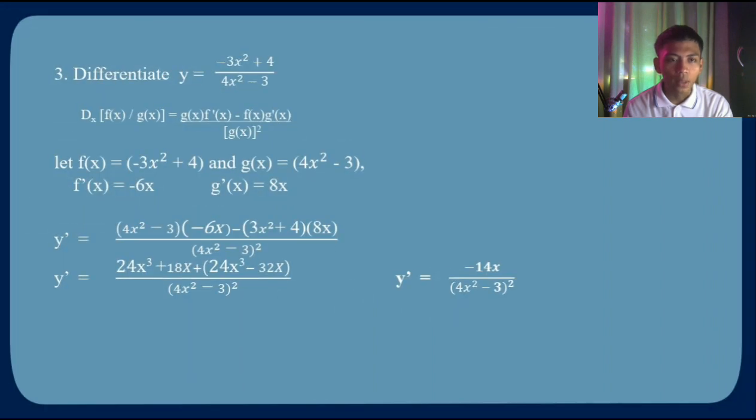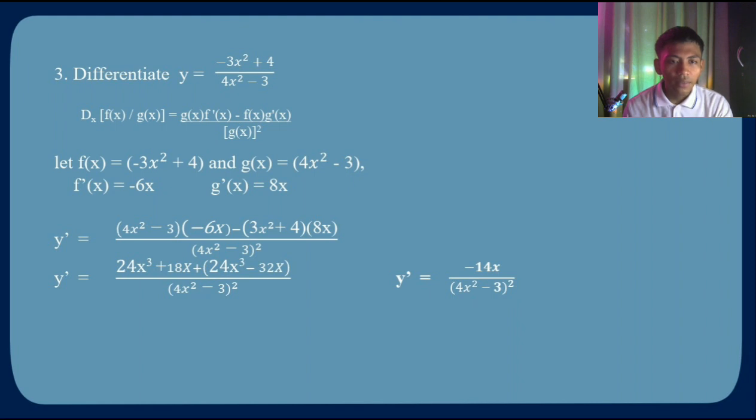Last example, differentiate y equals negative 3x squared plus 4 over 4x squared minus 3. We have to find the derivative of f of x. For negative 3x squared plus 4, the derivative of f of x is negative 6x. And g of x is 4x squared minus 3, and the derivative of g of x is 8x.